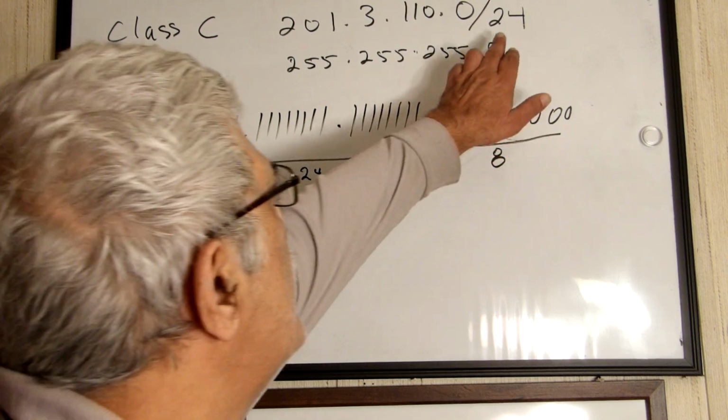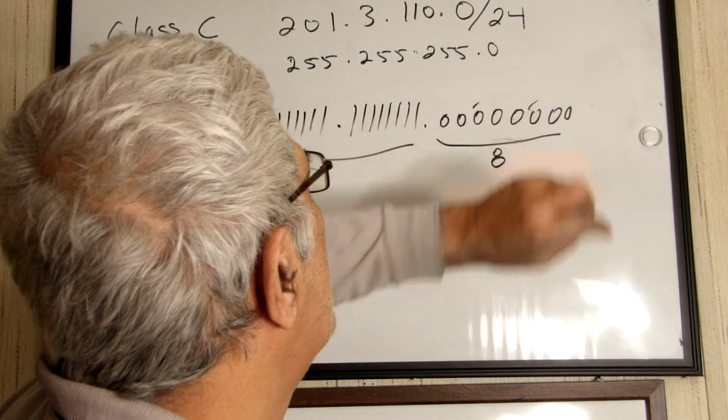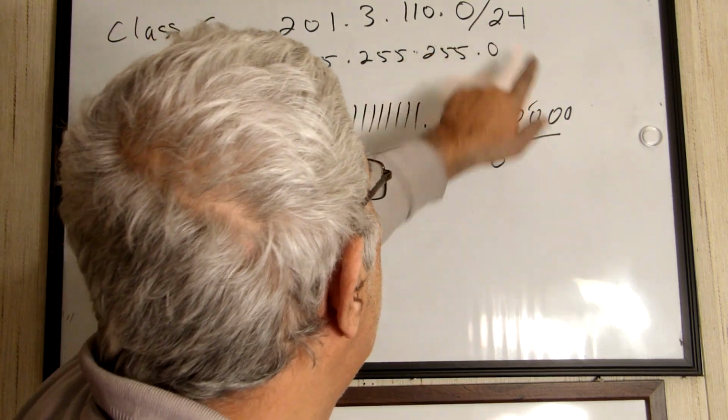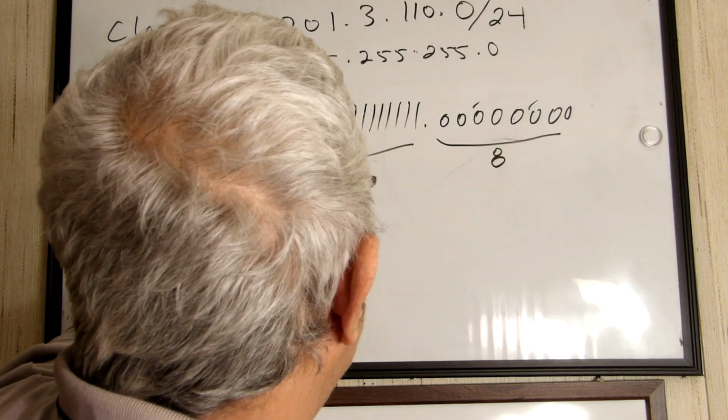So always when you see the CIDR notation, you see that there are 24 ones.